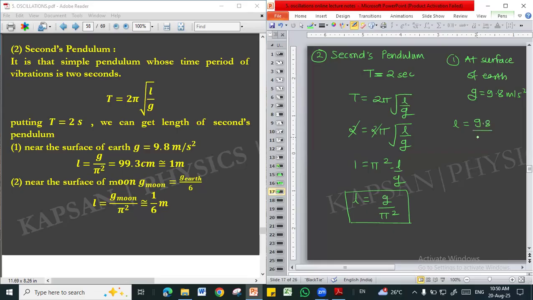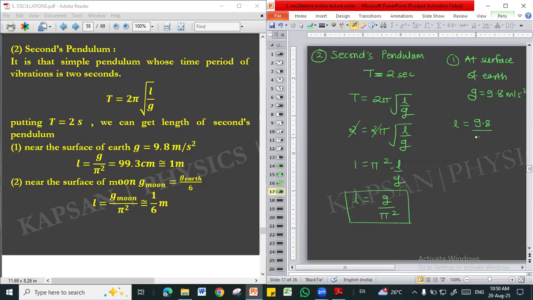Okay, you can write this 9.8 upon pi square. You can check what is pi square. It is something around 9.86, not 9.85, something like this. Pi square is slightly greater than 9.8.